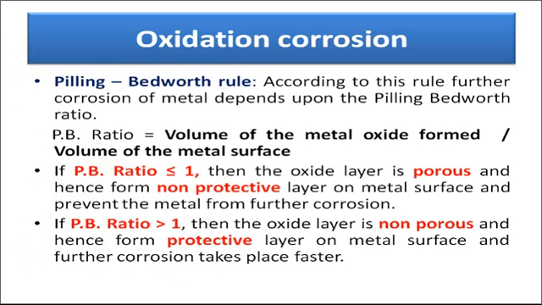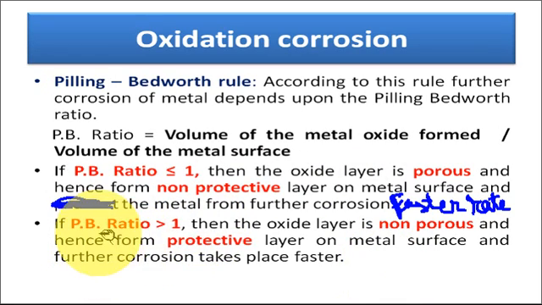So let me correct here, it is a typo error. And metals undergo corrosion at a faster rate because it is a porous layer. Clear?